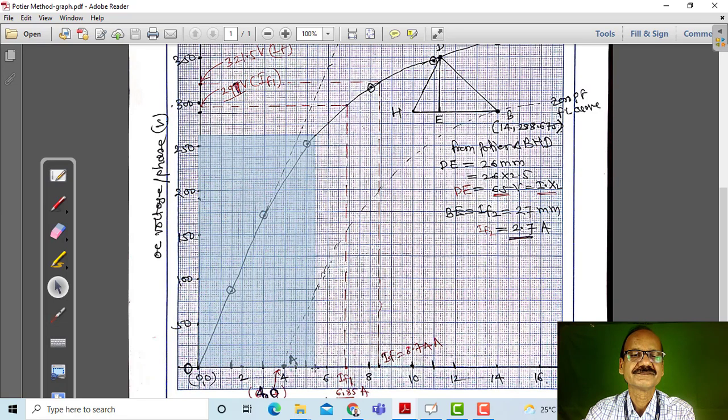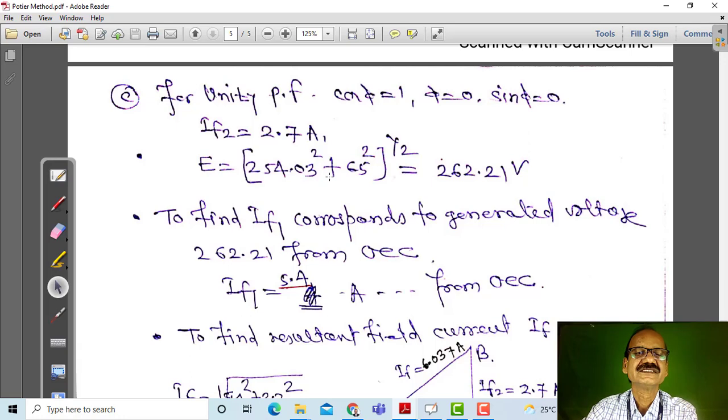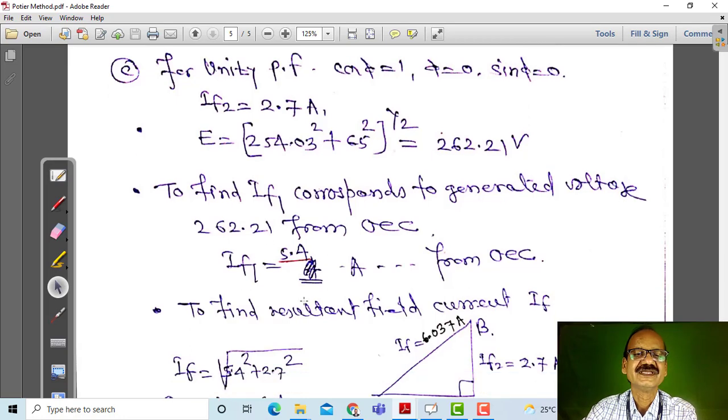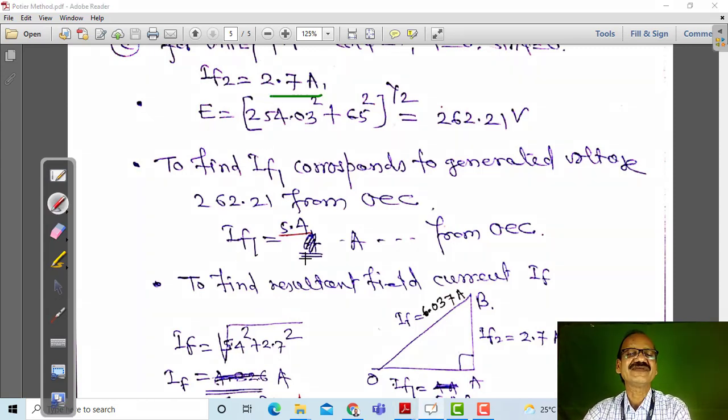It will be around 5.4 to 5.5. Okay, so it is 5.4. In this way we have obtained IF1 and IF2. IF2 is 2.7 ampere and IF1 is 5.4 ampere.